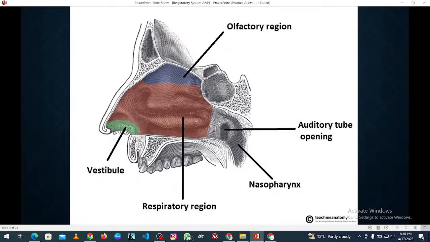One of the cells that are there is the goblet cell. And we know what the goblet cell normally secretes. We saw that in the digestive system. It secretes mucus. So in this respiratory region, there are lots of capillaries that supply blood there.